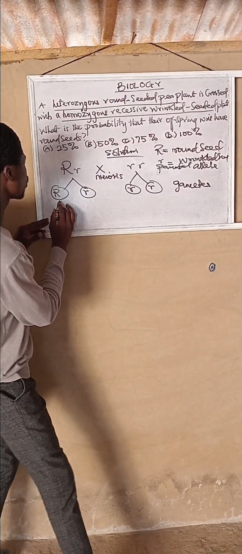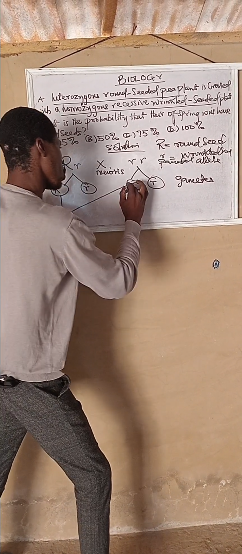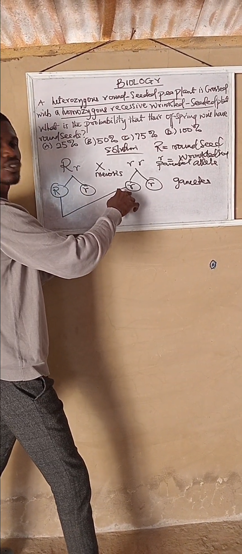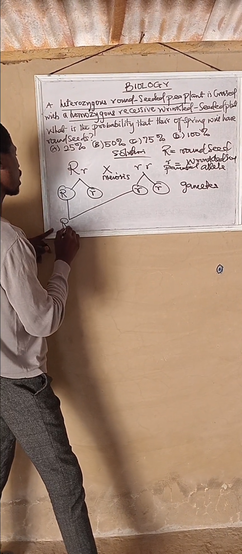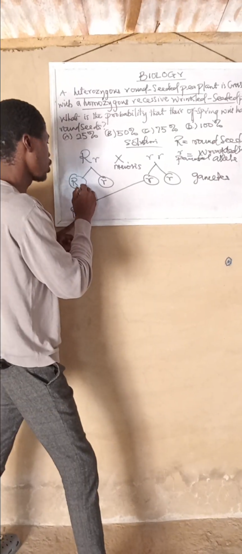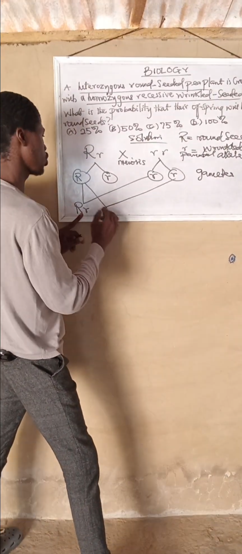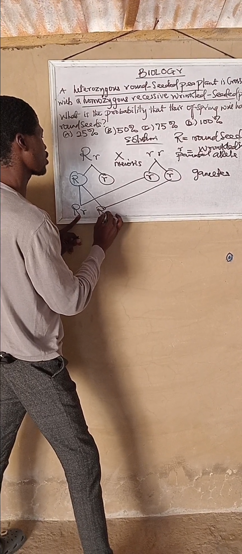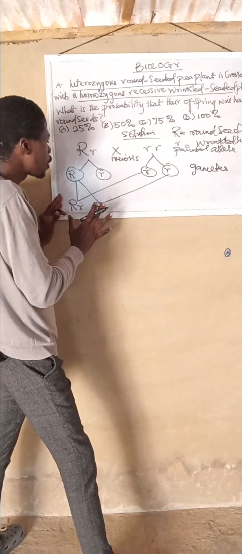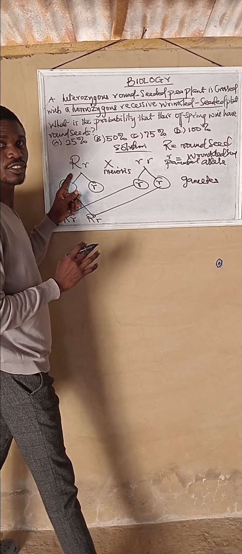We're going to start from the dominant R we have here. We mark it with the recessive r from the second parent, which makes dominant R, recessive r. Then the same dominant R with the next recessive r, which means we have dominant R and recessive r. So we have completed the whole crossing for one gene from the heterozygous parent.